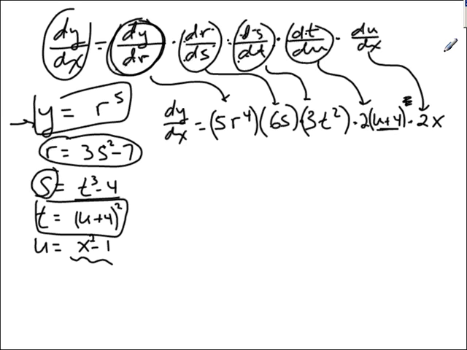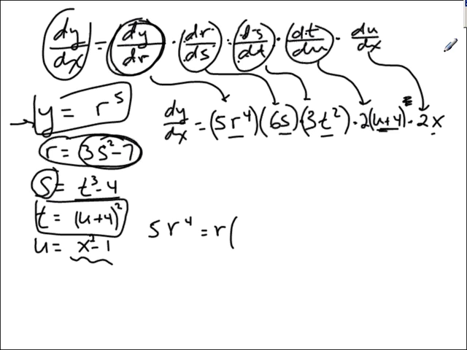Okay. Now, the thing is, we'd rather not have dy dx in terms of anything but x. It's in terms of r, s, t, u, and x. So, let's look at 5r to the 4th. Well, I know r can be written that way.